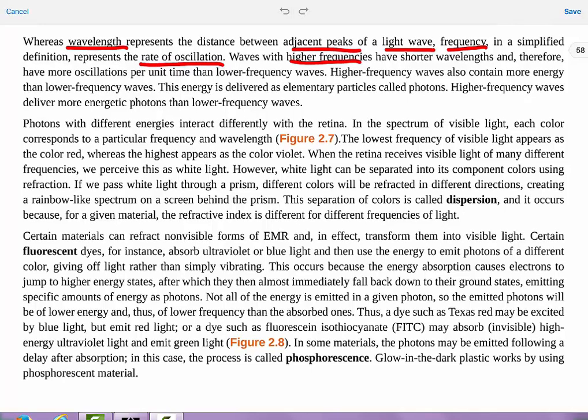Waves with higher frequencies have shorter wavelengths and therefore have more oscillations per unit time than lower frequency, right? So that is the definition there of high frequency. High frequency means more oscillations, more waves, and then shorter wavelengths. So if we have, for example, down here, this is our time, and we have more waves, right?